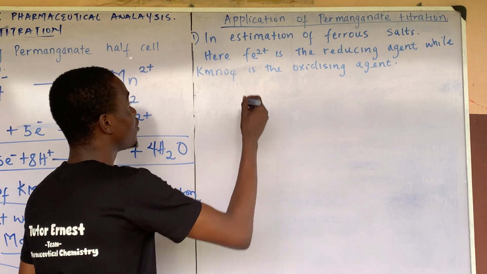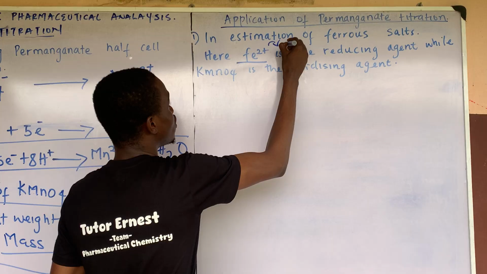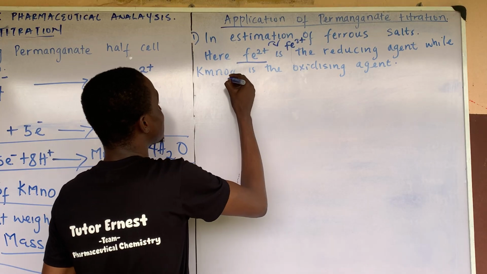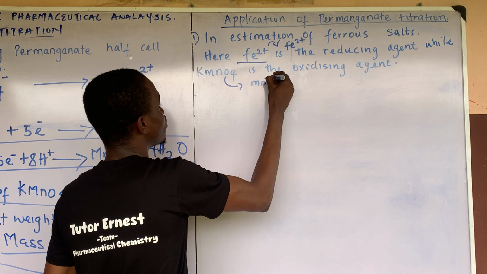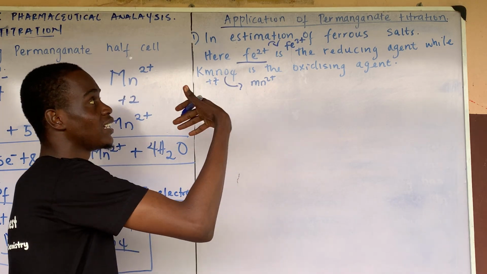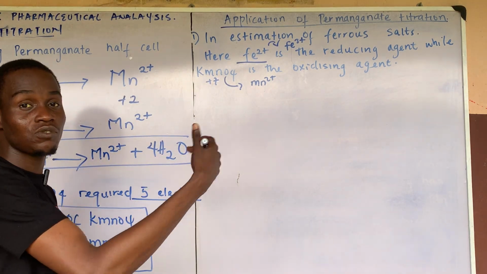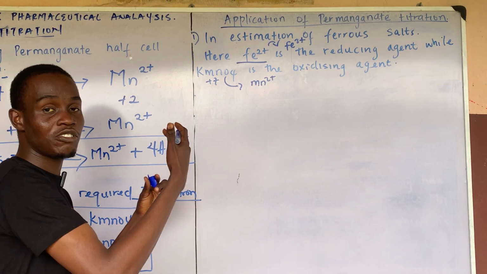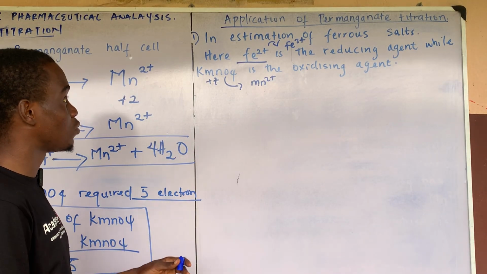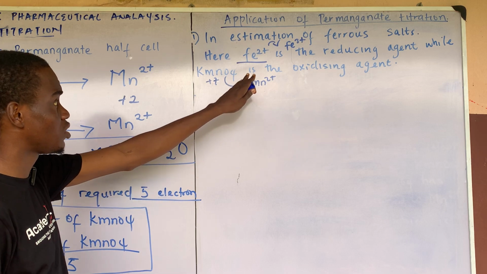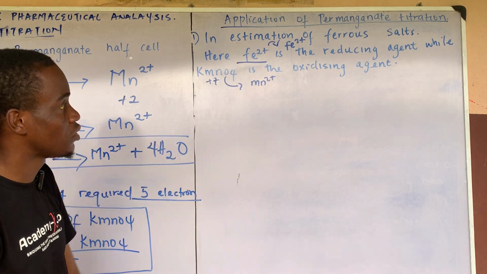So you see that this is an example of a perfect redox titration because it involves a reducing agent and an oxidizing agent. Now we'll try to balance the equation of the ferrous titration involving permanganate.